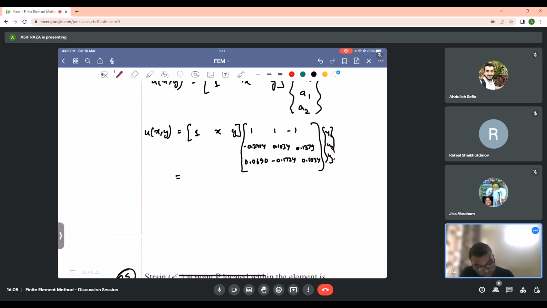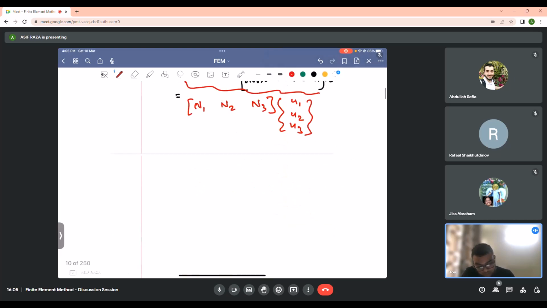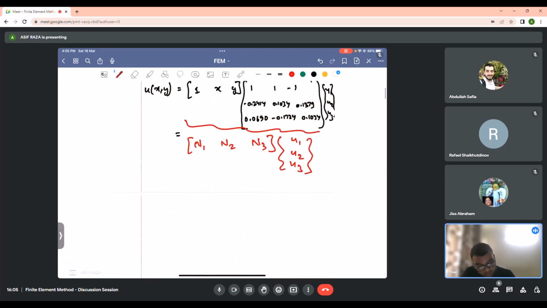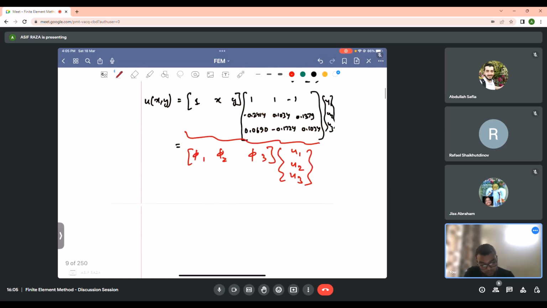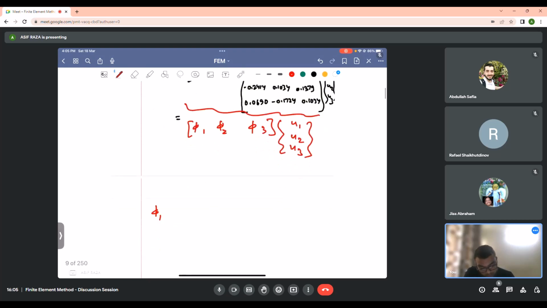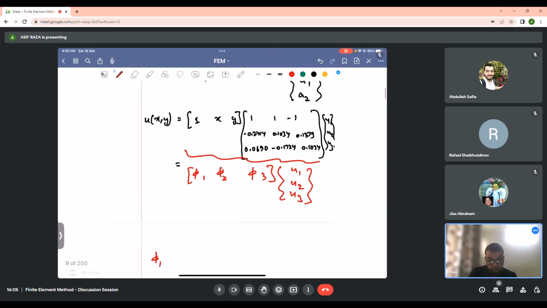So multiplying these two, we'll have n1, n2, n3 times u1, u2, u3. According to our question it's phi i, so better I write it as phi 1, phi 2, phi 3. We just need to find phi 1, phi 2, phi 3.